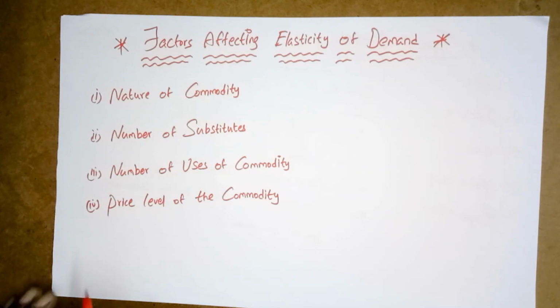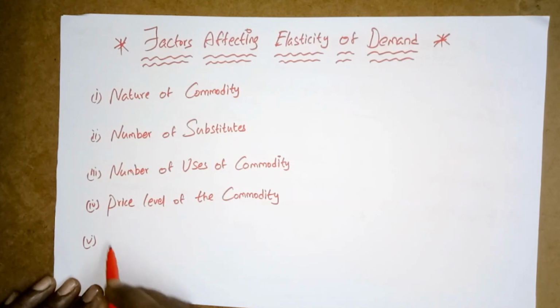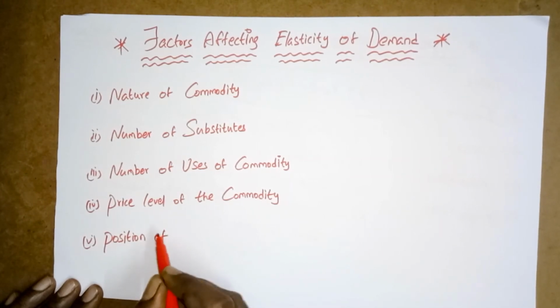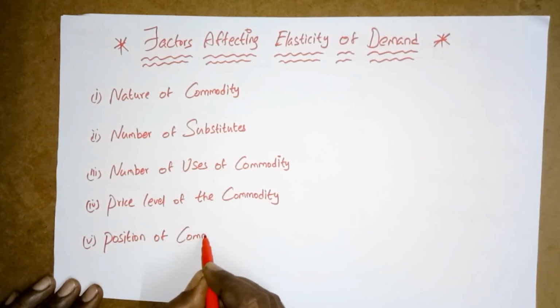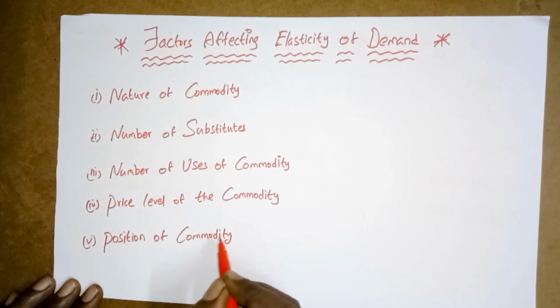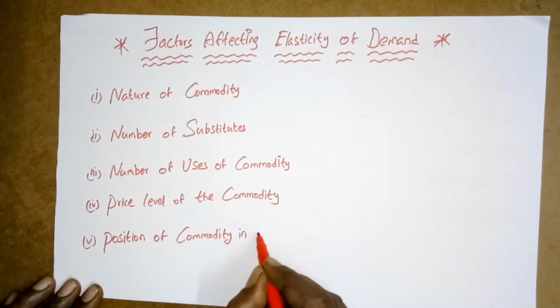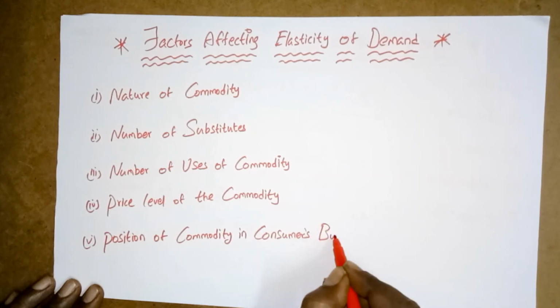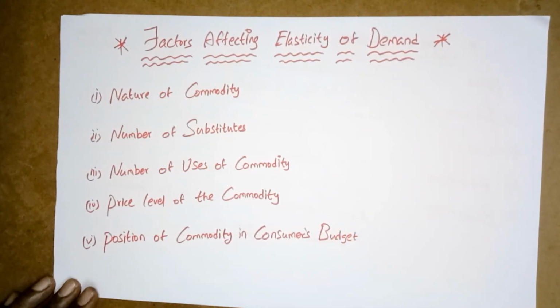Next one, fifth one, position of commodity in consumer's budget. So this is important. Budget is very important here.